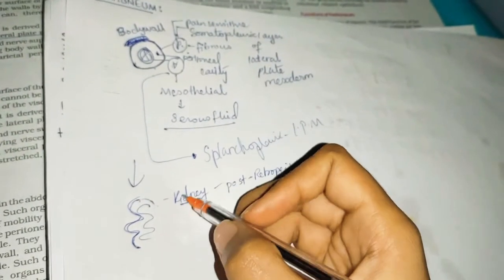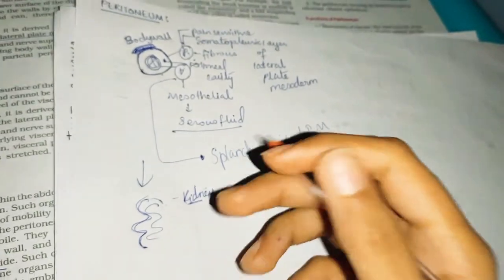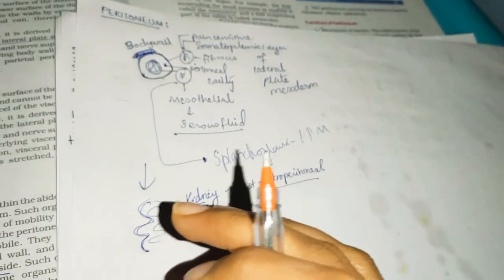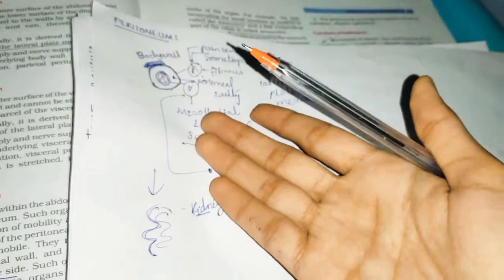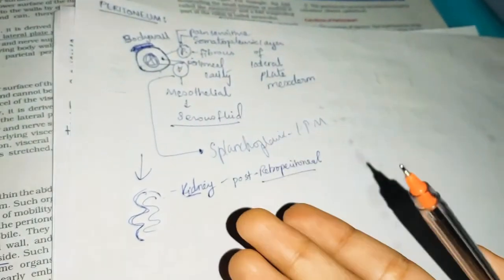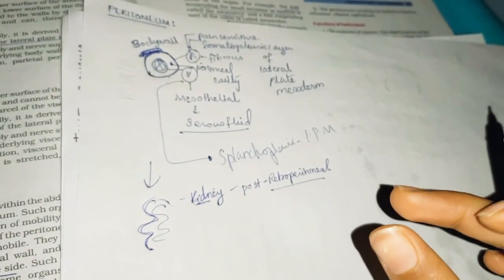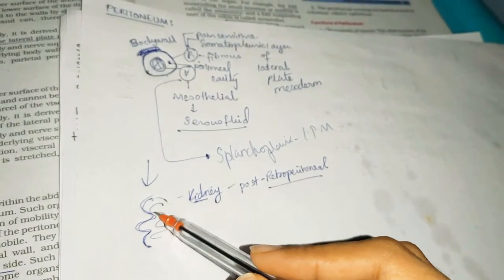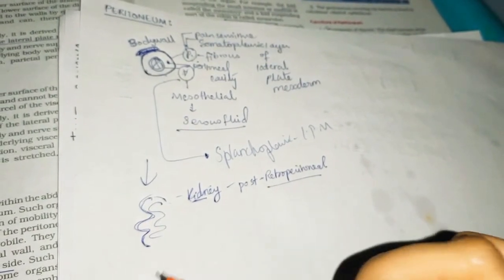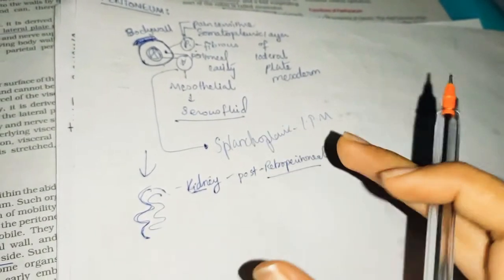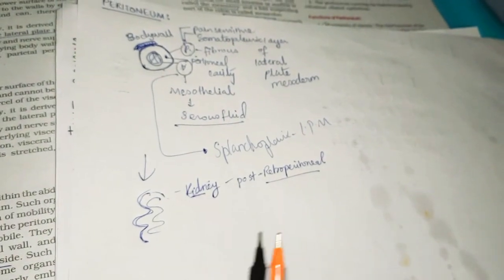So the kidney is called a retroperitoneal organ. As the person evolves from childhood to adulthood, because of the changes of the organs and rotation of the gut, the peritoneum will fold according to that organ, and like this the changes go on in an adult person.